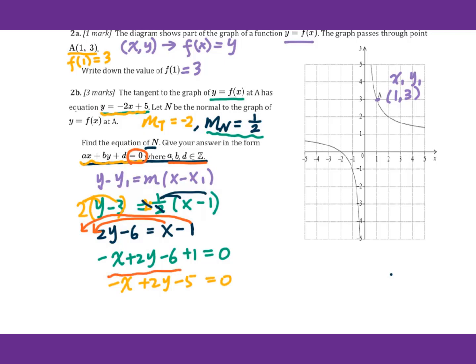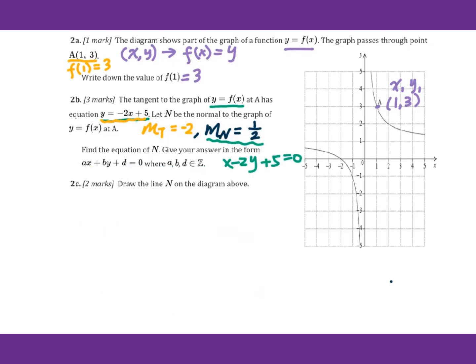This could be your answer because it didn't say that a must be positive. Or you can divide by negative 1. You will get x minus 2y plus 5 equal to 0. Both answers are good.